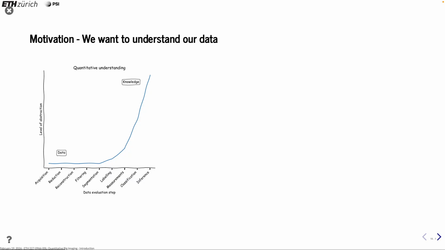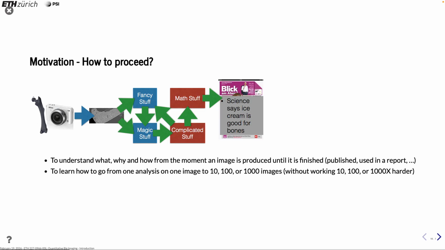So you get your data, maybe you do some kind of reduction of the data, then some transformation, reconstruction, then some filtering, but still you only have data of more or less good quality, closer to what you want, but it's still only data. You don't know anything about it.